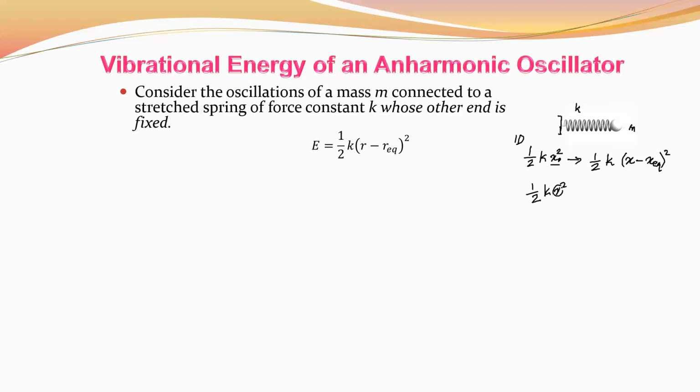If r is the distance or the displacement from the equilibrium position, then the energy is equal to half k into r minus r equilibrium whole square. So this quantity is the energy.